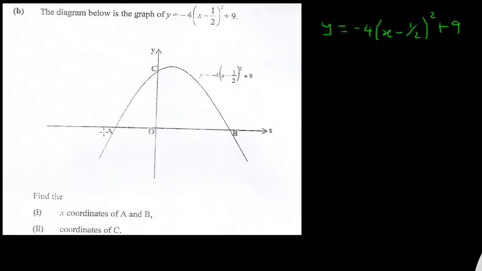Well, points A and B lie on the x-axis. And if these points lie on the x-axis, it means the value of y at both points is 0, right? So we'd simply replace the y with a 0, and maybe let's write it like this: minus 4, open brackets, x minus 1 over 2 squared plus 9, with 0 there.